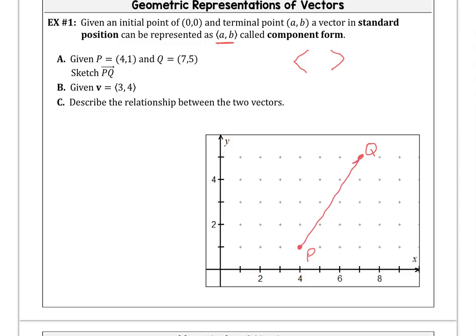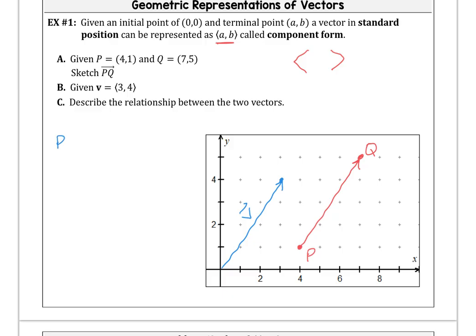That's our vector. It has direction and magnitude, and we want to sketch v, which is located at (3, 4). So this is vector v. How can we describe the relationship between those two vectors?